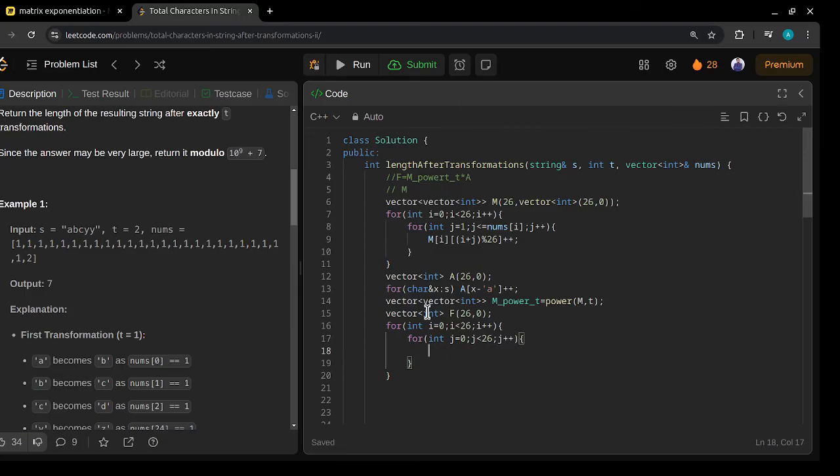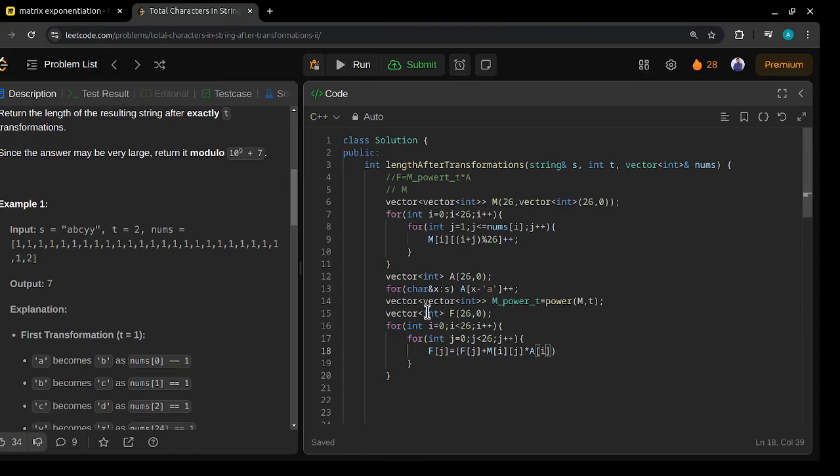For every character I have to multiply M of i of j into the vector A of i.